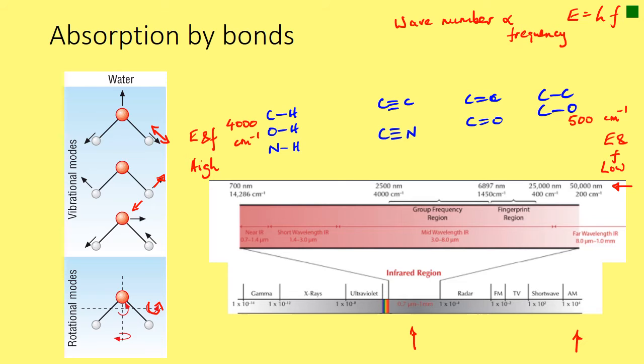So they're typical bonds that you find in organic molecules, and each of them absorbs different frequencies or wave numbers of infrared radiation. And we can use that to identify the molecule. Okay, so which is what we're going to have a look at on the next slide.